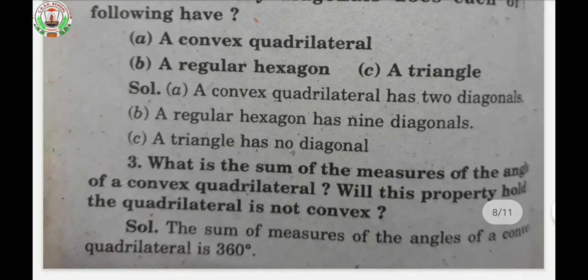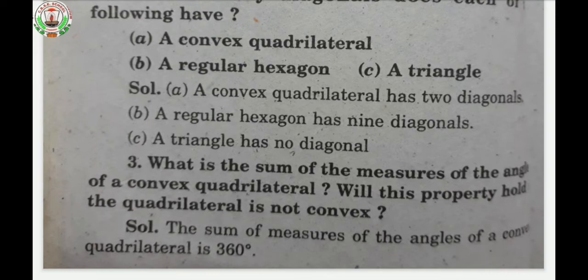Question number 3. What is the sum of the measures of the angles of a convex quadrilateral? Will this property hold if the quadrilateral is not convex? Here it is asked about the angles of the quadrilateral. So can you tell me the sum of all the 4 angles of a quadrilateral? Yes, it is 360 degrees, isn't it?